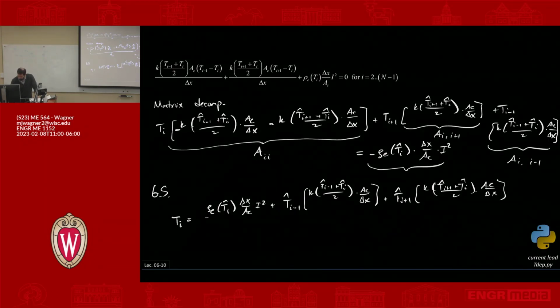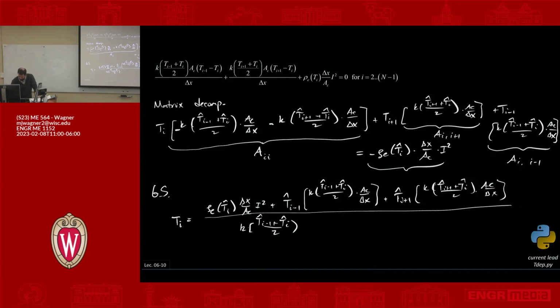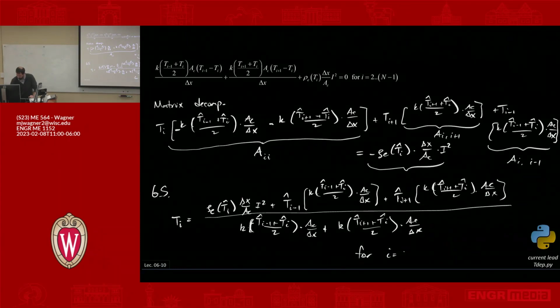Right, and then all of that's divided by the stuff that was multiplying Ti, right, which is what, K times T hat i minus 1 plus T hat i over 2 times AC over delta x, plus K is a function of T hat i plus 1 plus T hat i over 2 times AC over delta x. Okay. For i equals 2 to n minus 1.